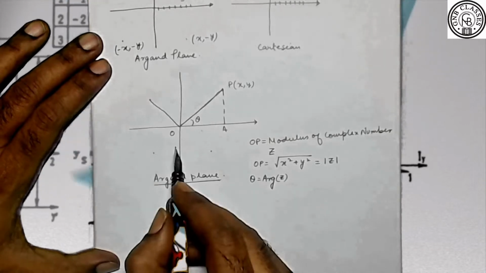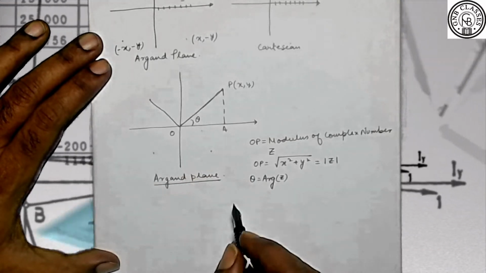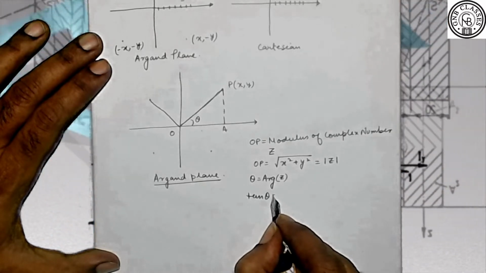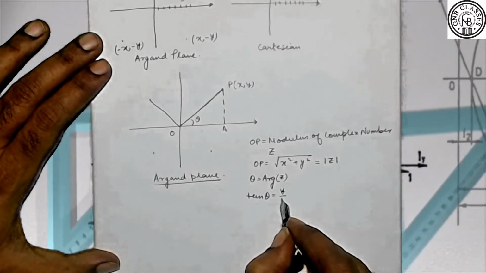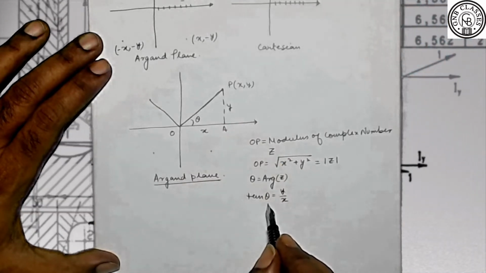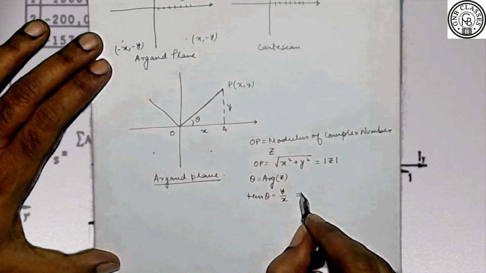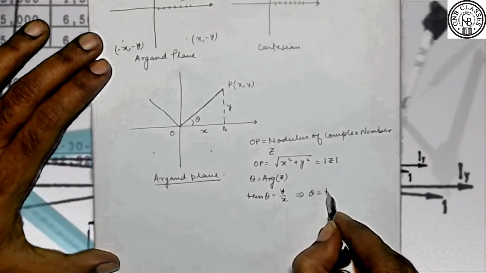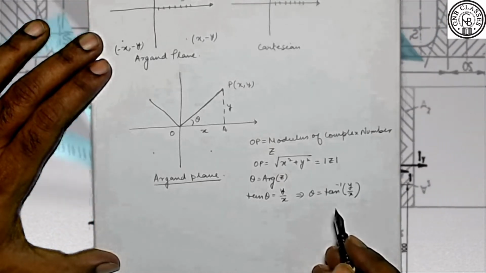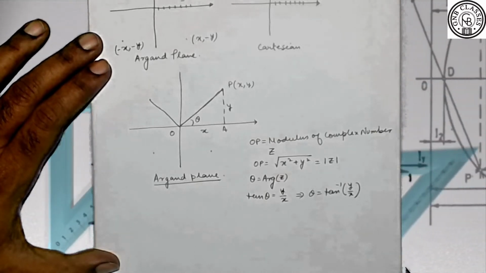Is it clear? So now from the triangle OPA we can say that tan theta is y by x because this is x and this is y. So tan theta is y by x implies theta is tan inverse y by x, which is the argument of the complex number Z. Right?